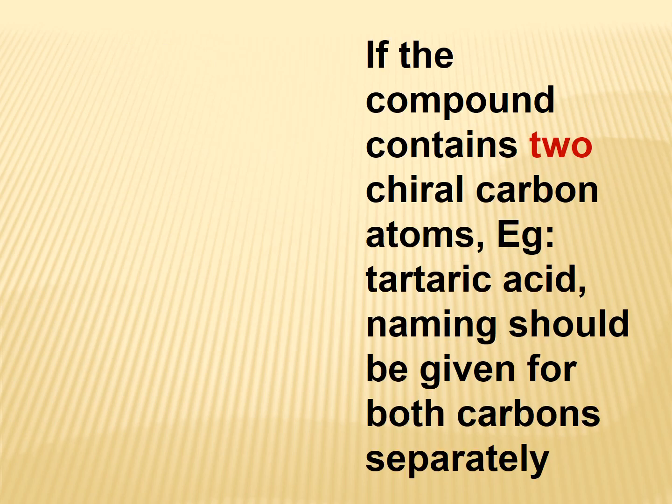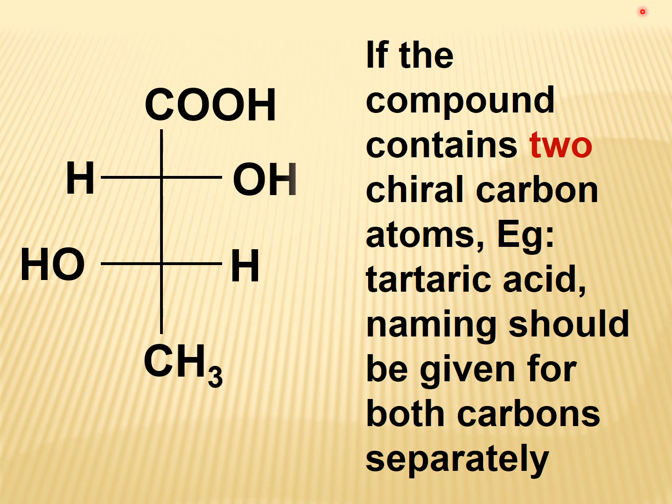If the compound contains two chiral carbon atoms, now when the number of carbon atoms increases, the complication also increases. Example, tartaric acid contains two chiral carbon atoms. In that case, the naming should be given for both the carbons separately. Let us take this structure. This is tartaric acid, and this is the second carbon, and this is the third carbon.